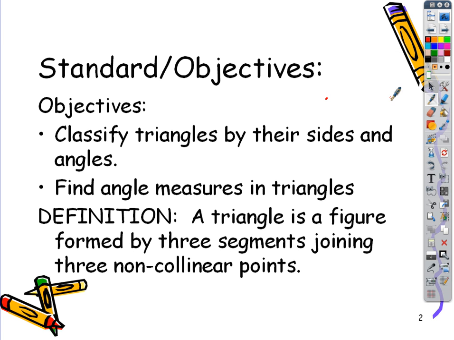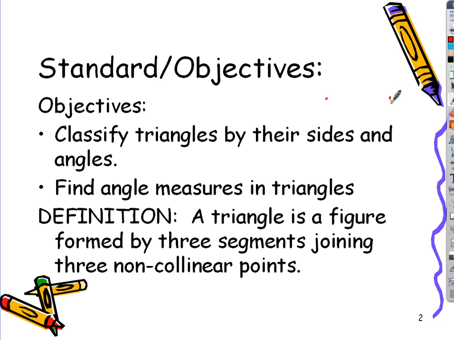I've got these 2 points, which we're going to call vertices. We'll get to some further vocabulary, but 2 of the corners of the triangle. I'll connect those with a side. And then if this is going to be a triangle, doesn't that third corner of the triangle, or the third vertex, have to be off of that line somewhere? If it's on the line, it's not a triangle. It's got to be maybe up there somewhere, for example.